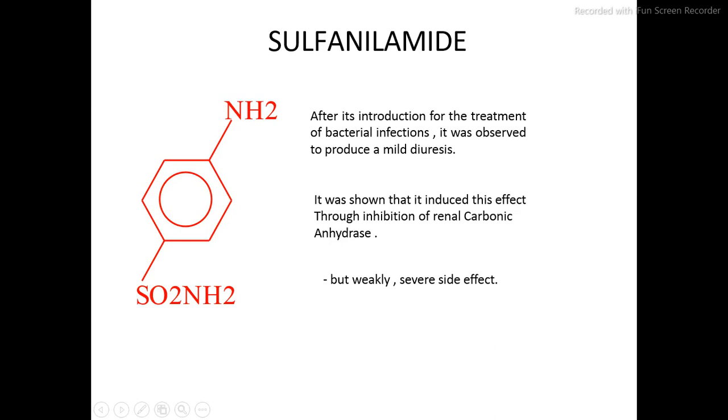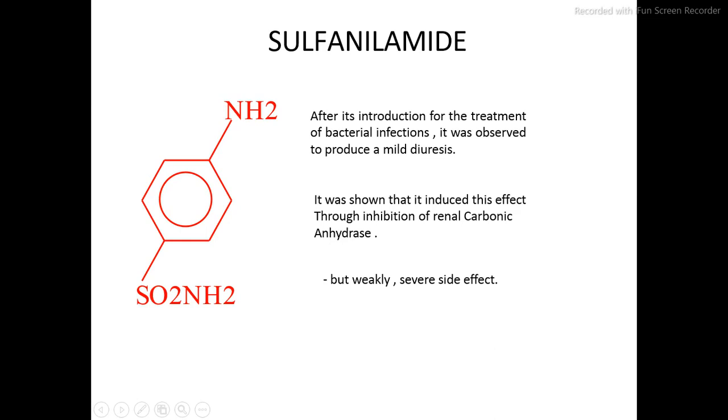Instead of using the full moiety, we can use a single functional group, that is sulfamoyl, and we can try to synthesize the molecule with the sulfonyl moiety, and we can go for the screening of diuretic activity. And with the development of these types of compounds, we can actually see their ability to inhibit the carbonic anhydrase.